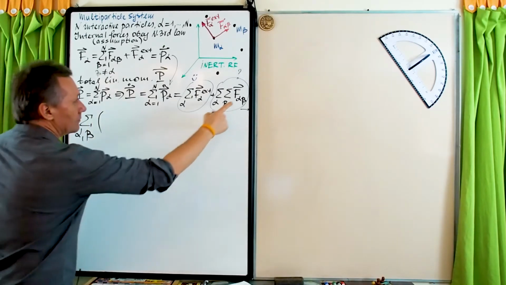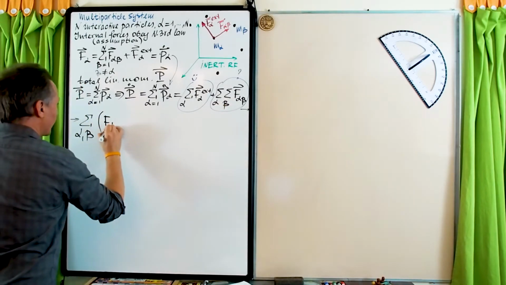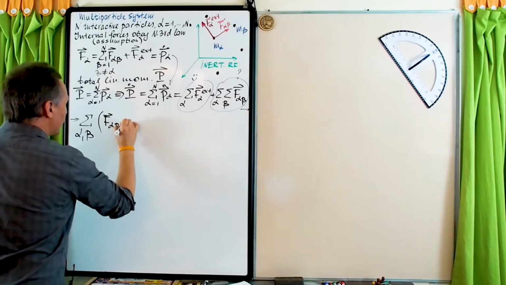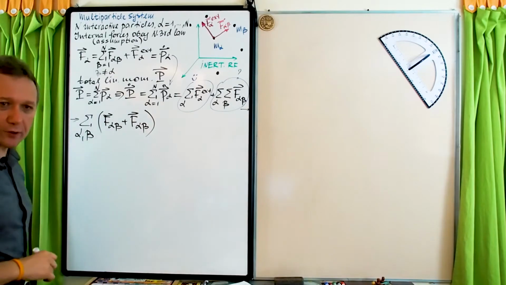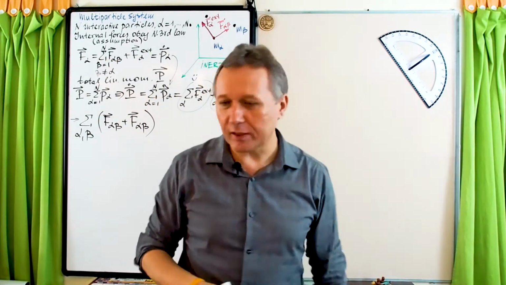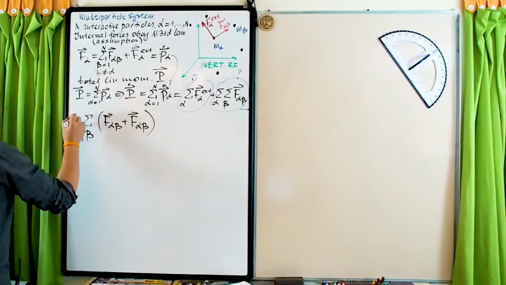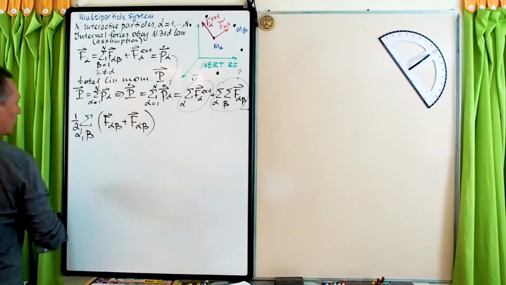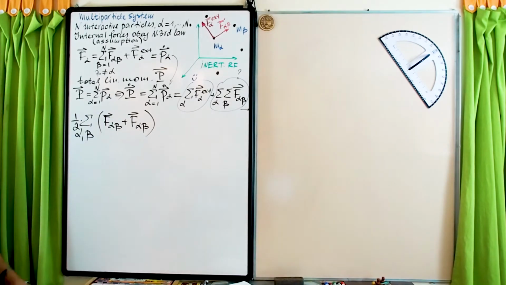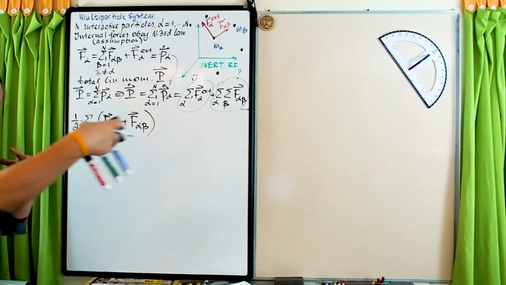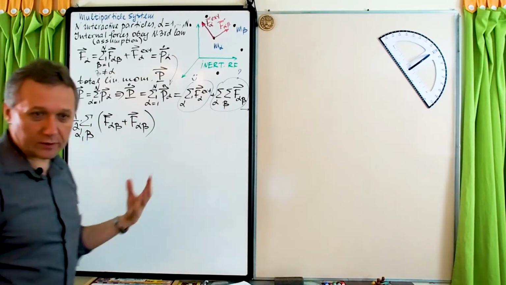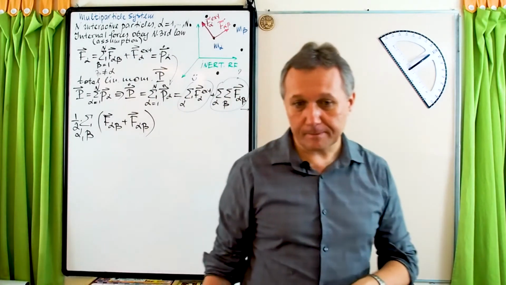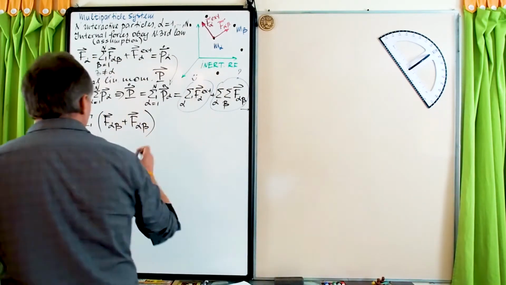I will take this f alpha beta and add exactly the same bunch of terms f alpha beta. But in order to avoid you screaming at me, I'm going to add 1 over 2. So I just added exactly the same set of terms, and of course divided by 2 so that it would be equal to that. Right? So it's legal.